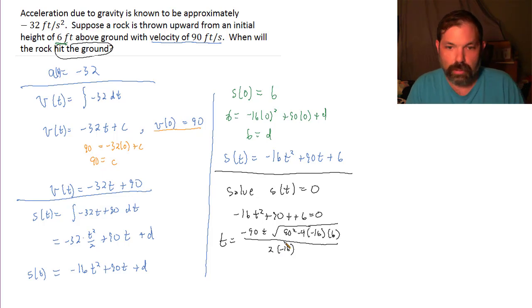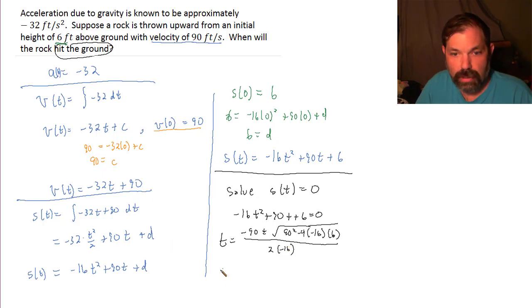Bring up my calculator here. Negative 90. I always do the minus first, doesn't really matter. Square root of 90 squared minus 4 times negative 16 times 6. Close off the radical, close off the numerator, divide by negative 32. And let's check plus. All right, so I get two values.